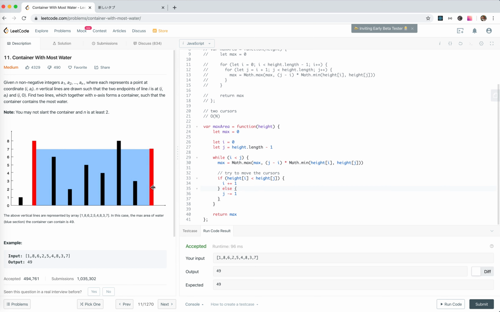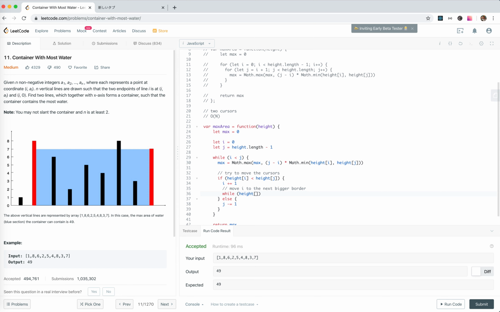So I will just move i to the next bigger border.